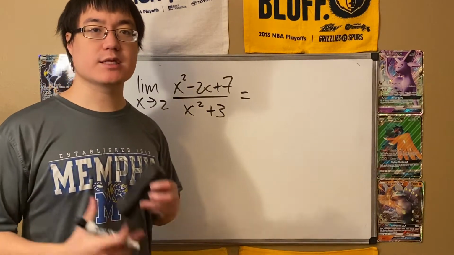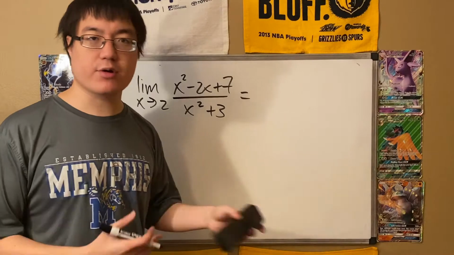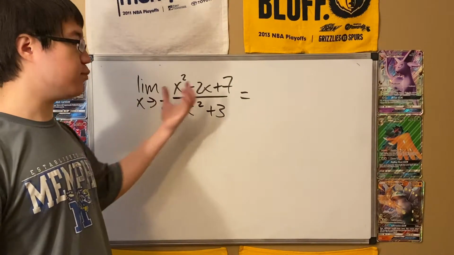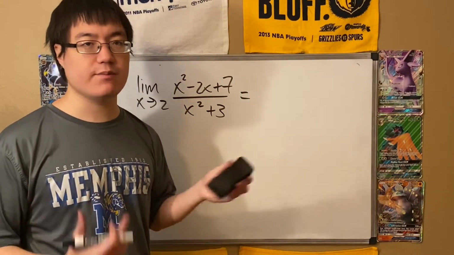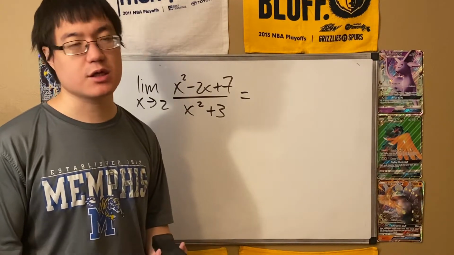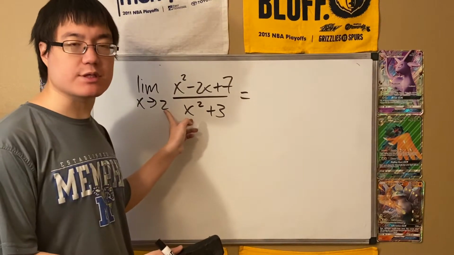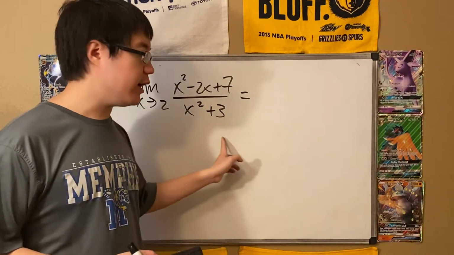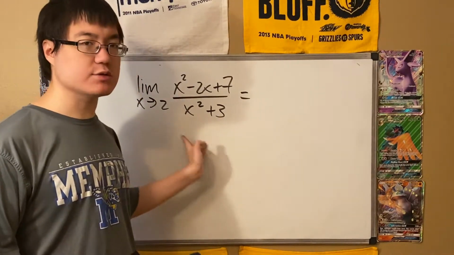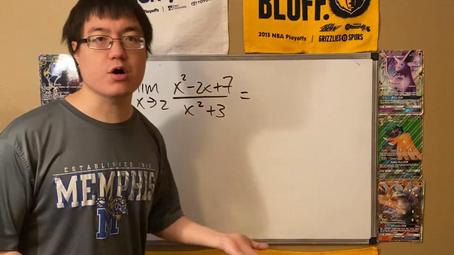So why, again, is continuous so great? Because to evaluate this limit, all we're going to do is go back to our Algebra 1 days and just plug in 2 into this function. Notice that when you plug in 2 into this function, nothing really bad happens, so the function is continuous. If you were to graph this function at x equals a, where a is equal to 2, you don't lift up your pencil.